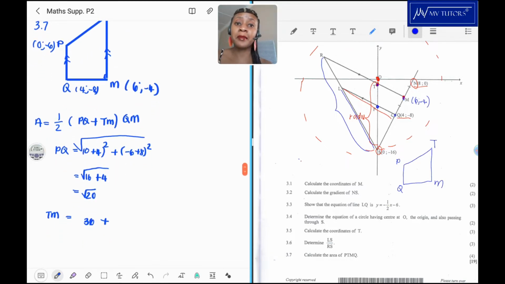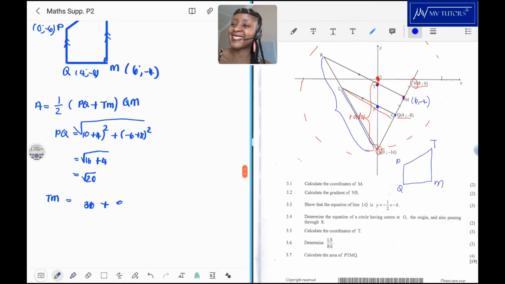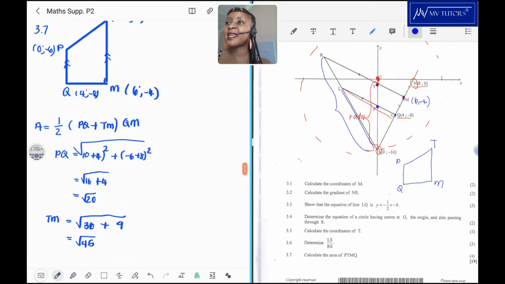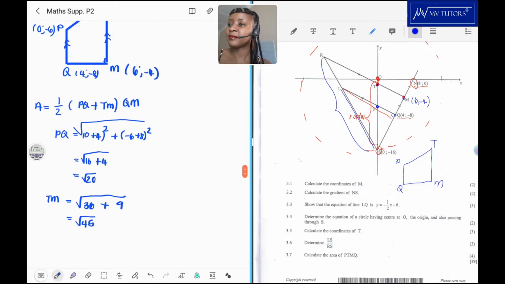So minus 1 minus minus 4, that is 3. 3 squared is 9. 36 plus 9, that is 45. Square root of 45. So that's TM. And then QM is the last one. So QM.